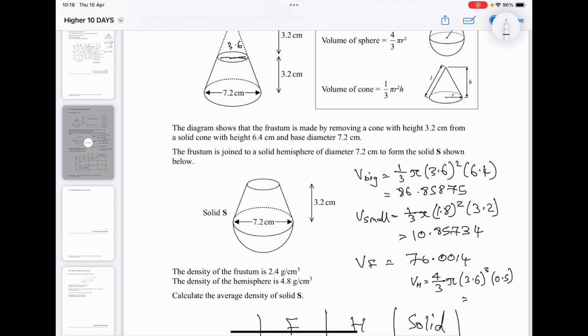Use my little power button. And then I've got 0.5, so I'm doing the half in one go, which gives me 97.716.